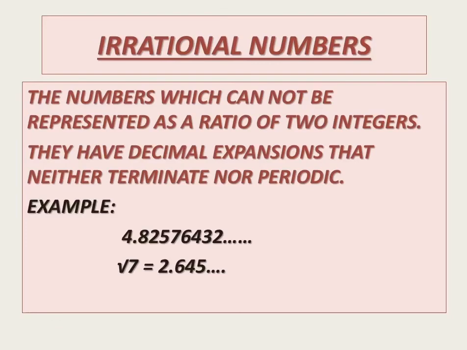As you know, this is equal to 2.645 and so on. The digits don't repeat themselves, okay? They don't repeat, and the number is not a finite one. So this is another example of an irrational number, right? Guys, these numbers cannot be written in the form of a ratio, okay? So this is an irrational number.